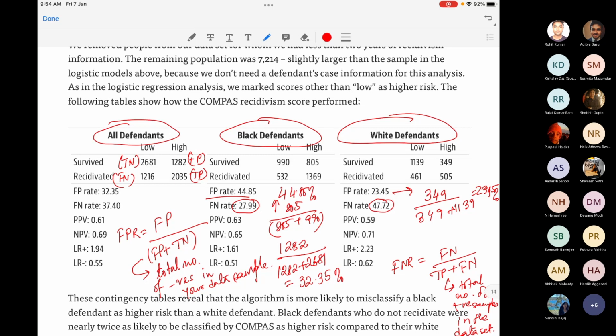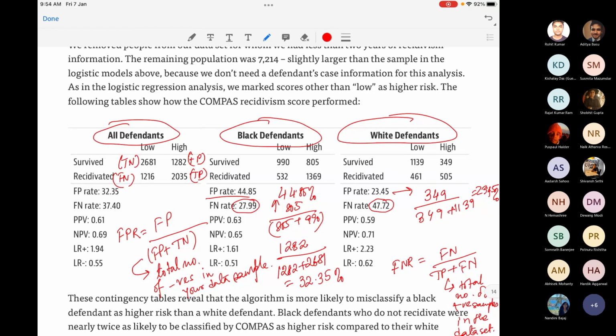Take a little more time, a deep breath, think, and then try to answer. So the false positive rate you have understood, right? That is adjudging somebody to be at a higher risk falsely. That is the false positive rate. Okay.